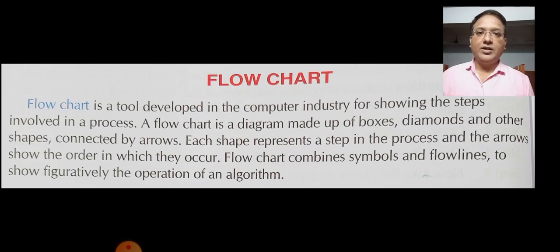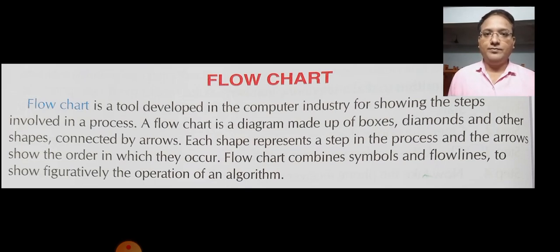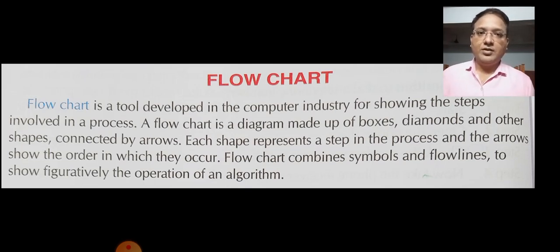So an algorithm is a step-by-step procedure to solve any particular problem, written in simple English. Now what is a flowchart? A flowchart is a diagrammatic representation to solve a particular problem. Got it?